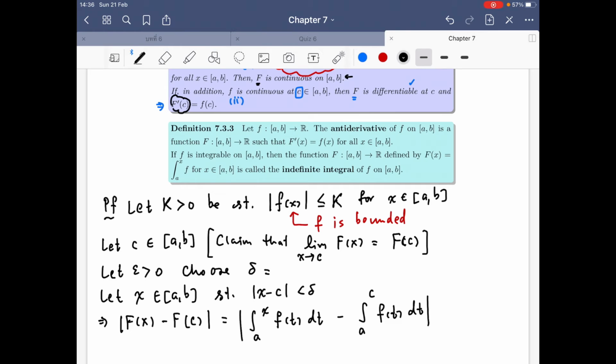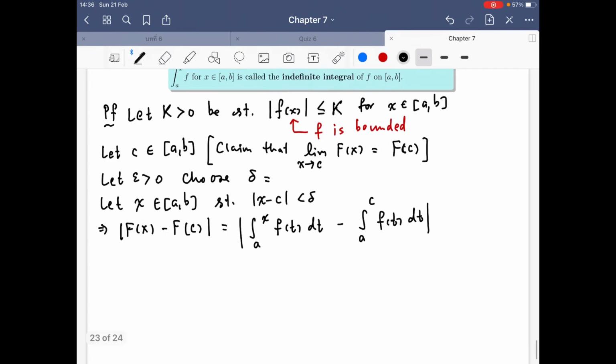For this one we use the theorem from the previous video clip, theorem 7.2.4.